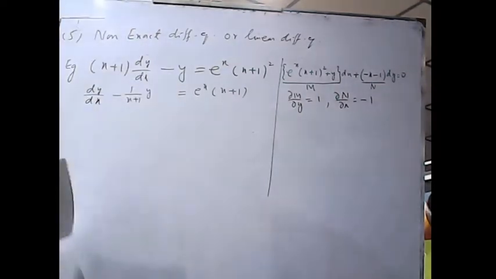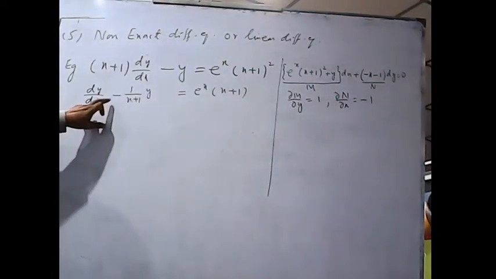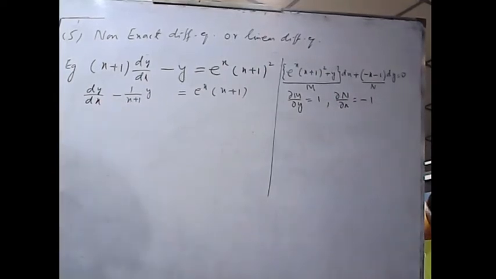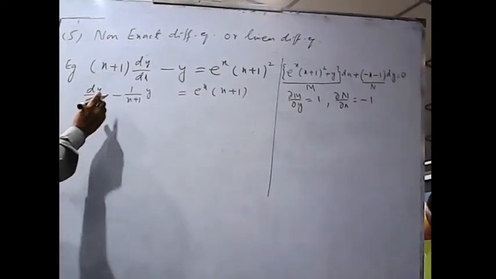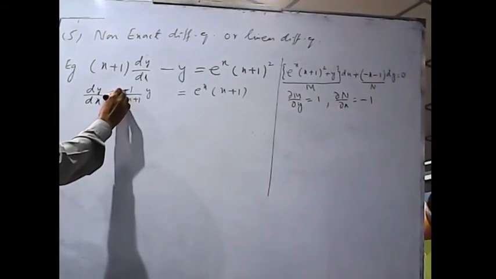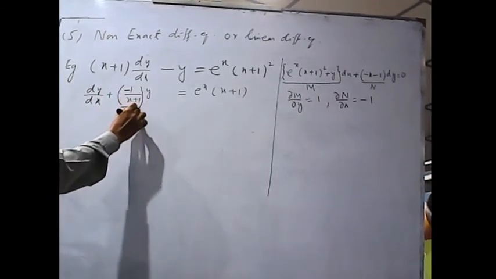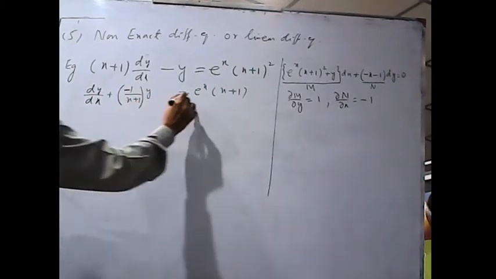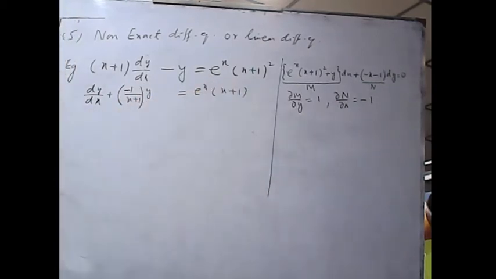Now this is a standard situation: dy by dx plus, consider the plus sign, then minus 1 upon x plus 1 as p of x, times y power 1, and then q of x.